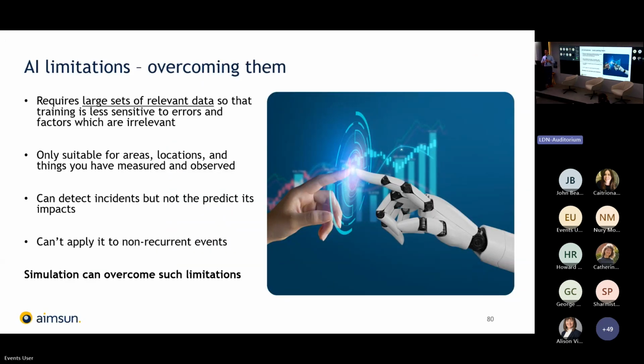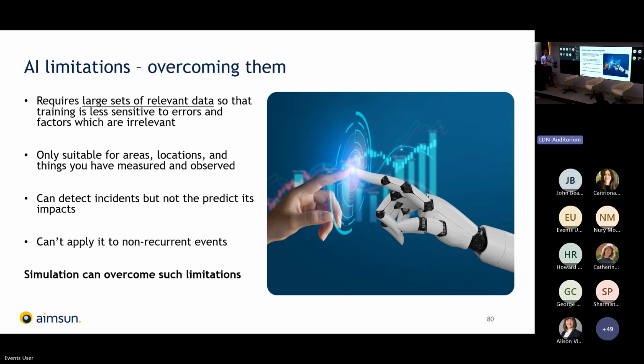Many of you who are working in digital twins at the moment will be familiar with these limitations around AI. They require large sets of relevant training data, and the bigger the data set, the better. Then they become less sensitive to anomalies and errors within the data which are relevant to the trends which are present.